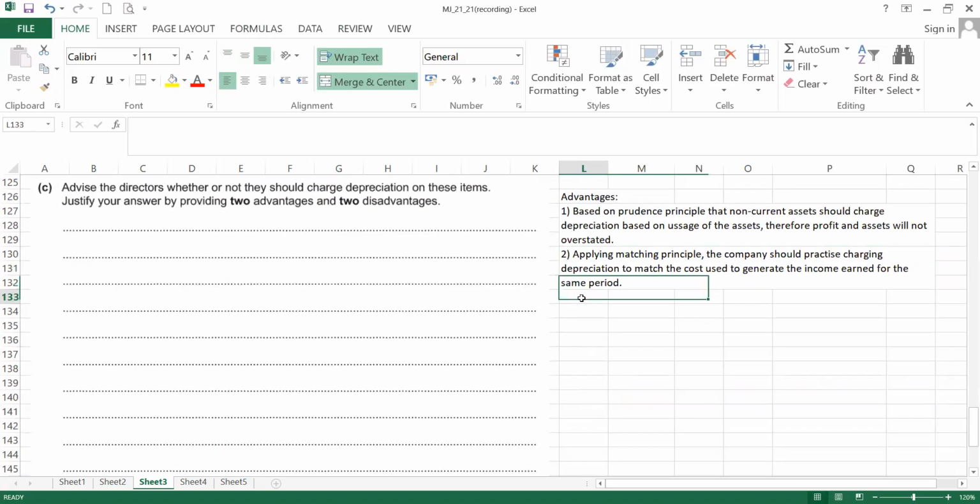Okay, so this is the reason or the advantage, so we will not overstate our profit.